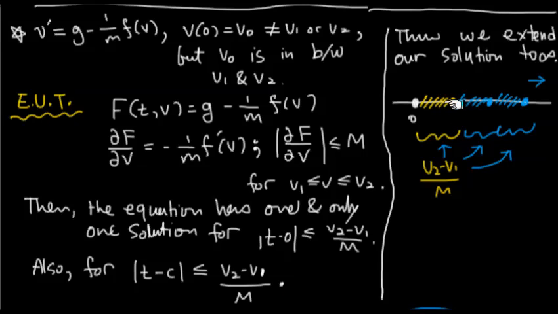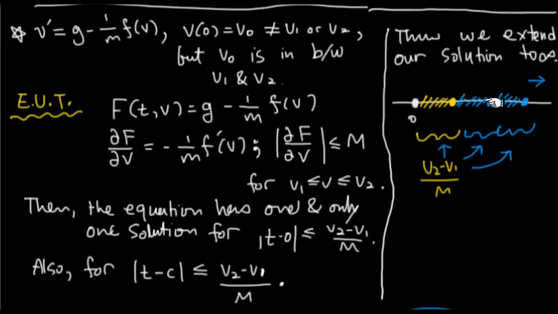So starting from here, we can have the same amount of radius to the right or left. So we can extend our solution. Because it's continuously extended, this whole thing is actually a single function. And the uniqueness theorem again guarantees that there's only one solution in between 0 and all the way up to the second point over here.